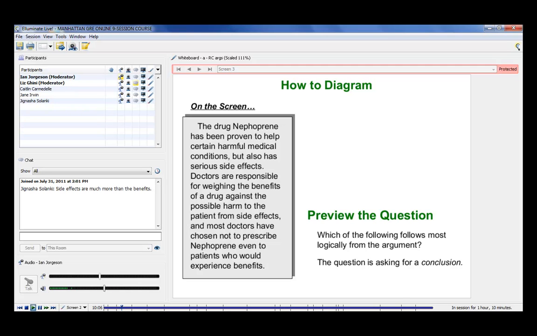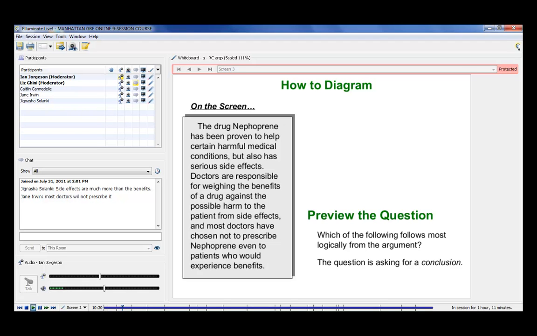Okay, so number 1, we've got these benefits, and they tell us these benefits, but they also tell us that we've got side effects, and maybe those side effects are worse than the medical problems in the first place, right? Although they don't actually say that, they just say there are serious side effects. So be careful a little bit there.